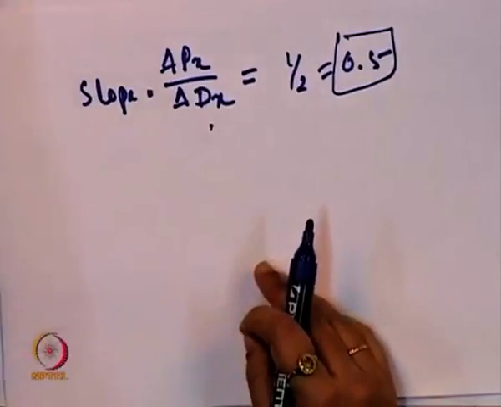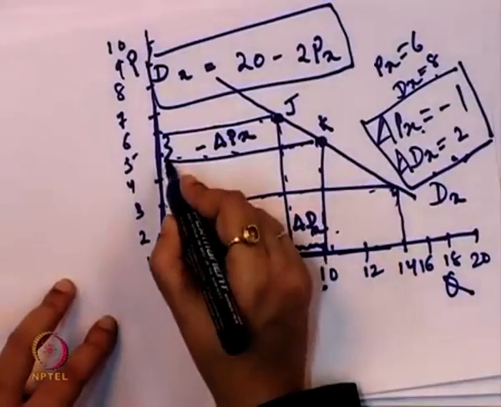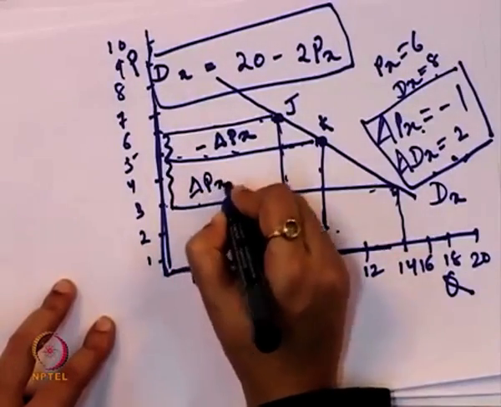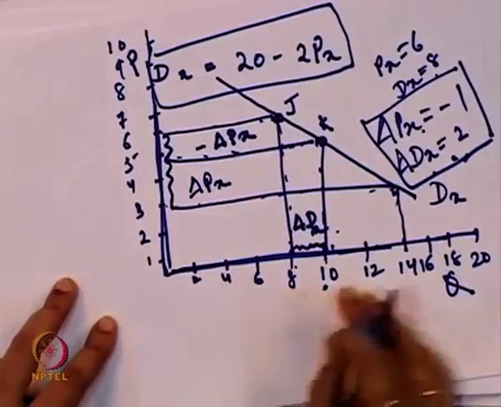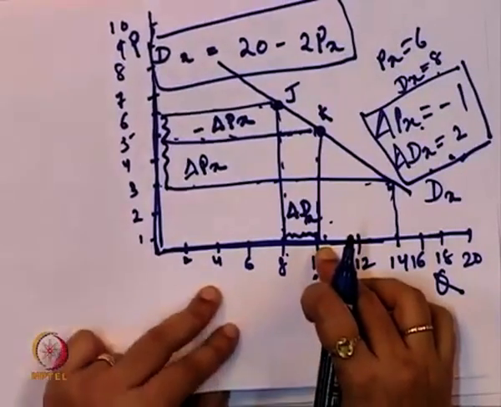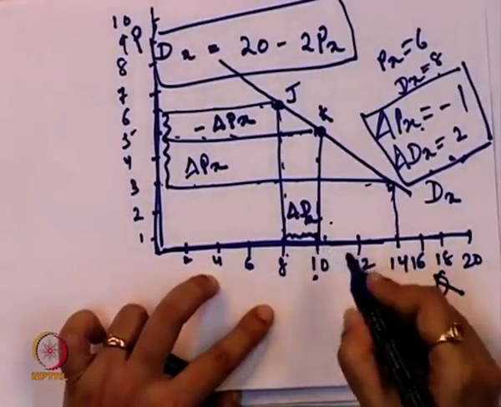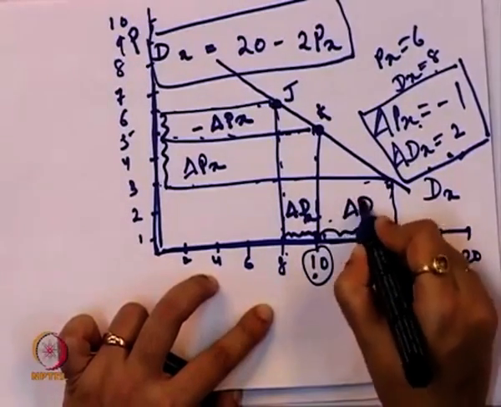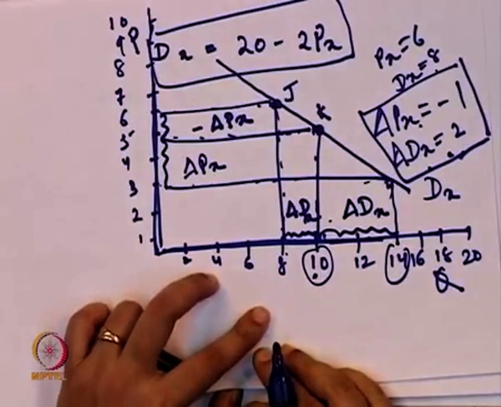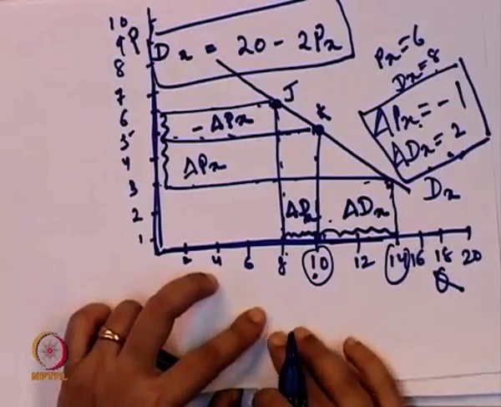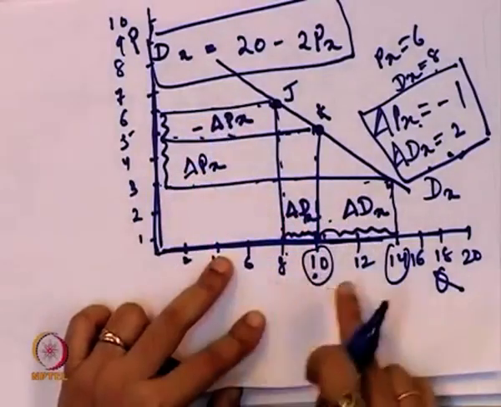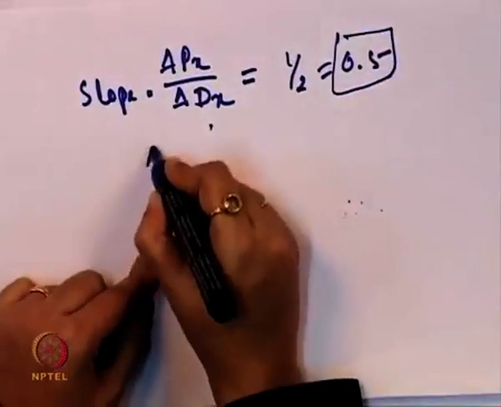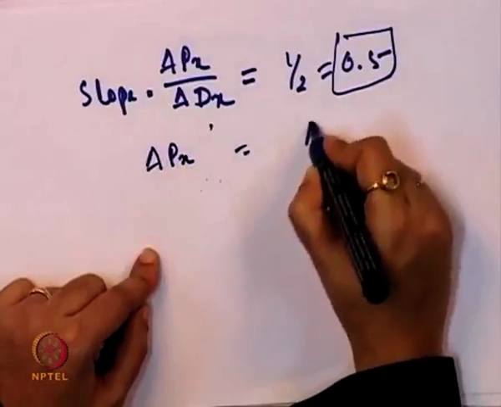Now, suppose we consider that price of x decreases from 5 to 3. Okay. This is again the change in the price of x. The quantity demanded changes from 10 to 14. So, this is 10, this is 14, this is the amount of change in the quantity demanded of x. So, if price decreases from 5 to 3 and quantity demanded increases from 10 to 14, we will find out what is del Px and what is del Dx.